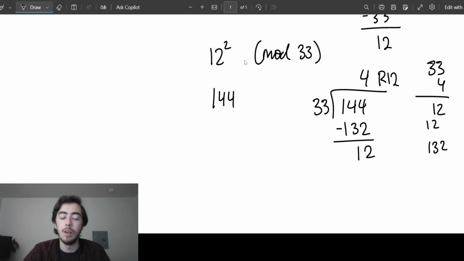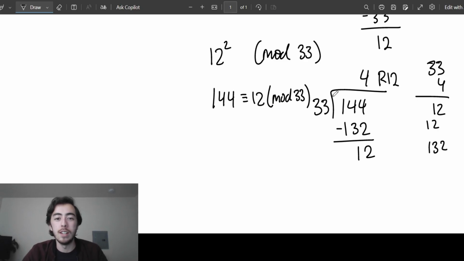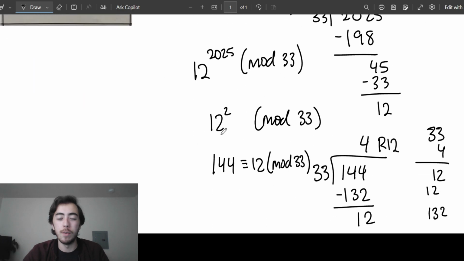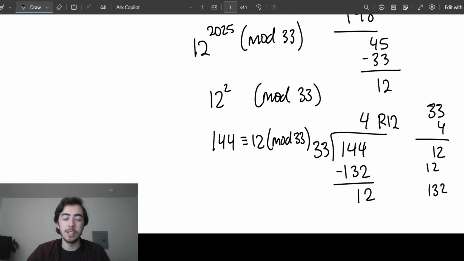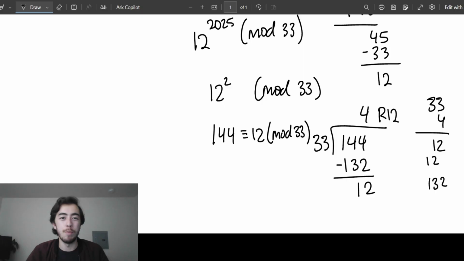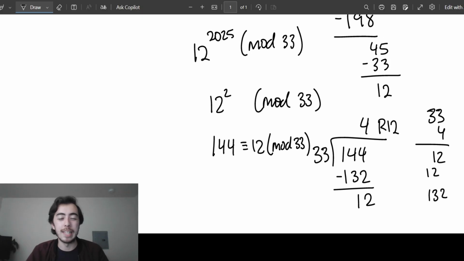Oh, okay. So 144 is congruent to 12 mod 33. And it seems like if we keep multiplying each of these 12s, we're just going to get right back to 12 again. That's kind of neat that it's kind of stable, I suppose, that when we multiply 12 by 12, we get right back to where we started. So it doesn't actually matter what exponent we have on this 12.